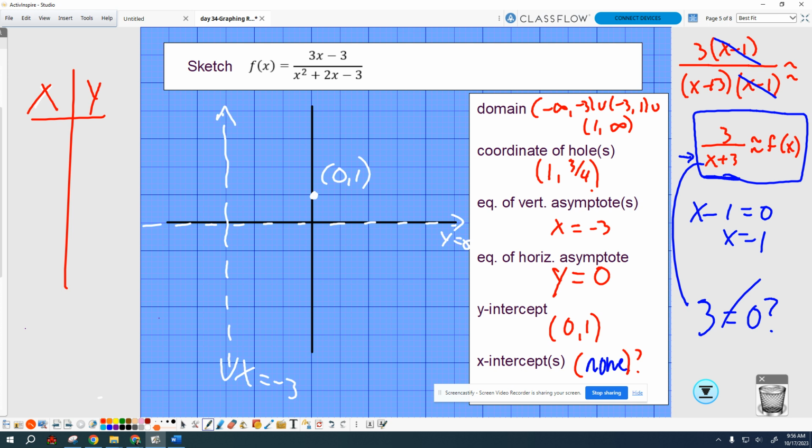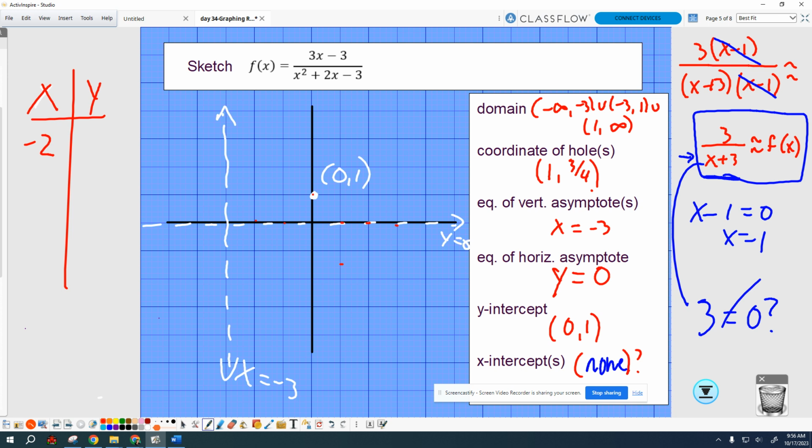Looking at it, I have x equals 0, I have that coordinate right here. I need a few this way or a few that way. What are good x values that are on this side of the vertical asymptote of x equals -3? Any number bigger than -3. -2. Okay, -2.